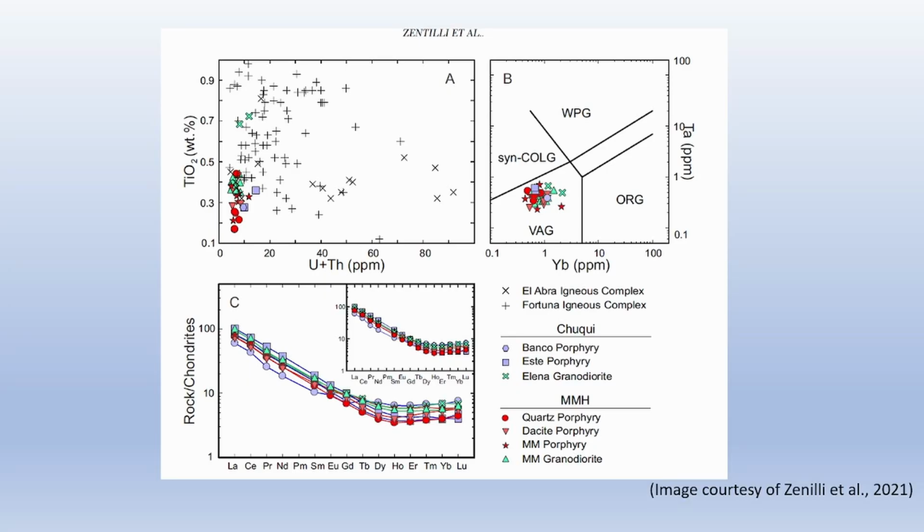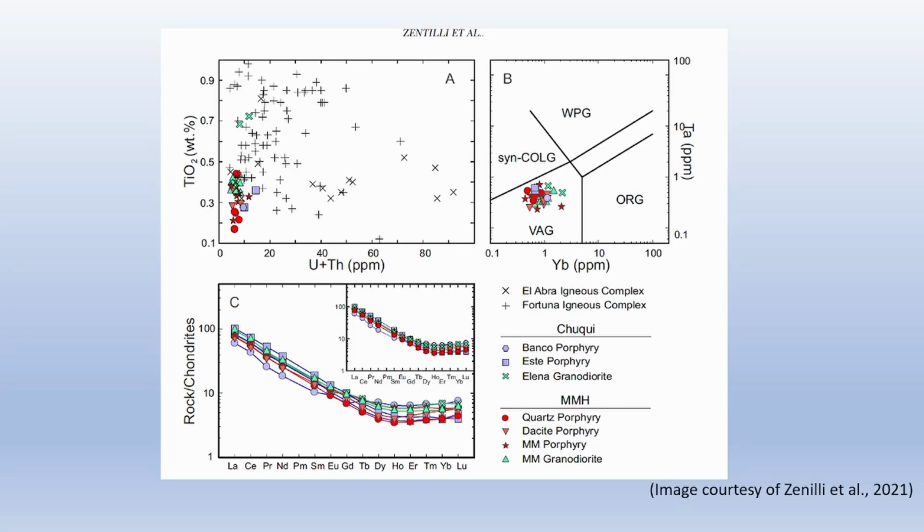And finally, at the bottom we have chondrite normalized rare earth element patterns, which display the rare earth patterns of both Chuquicamata and MMH. They show smooth, consistent rare earth profiles.